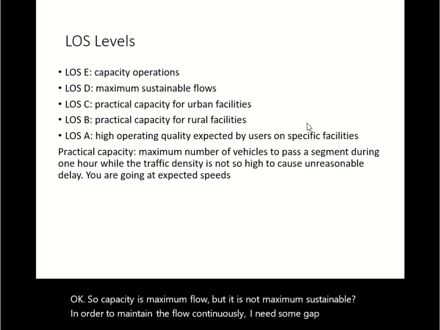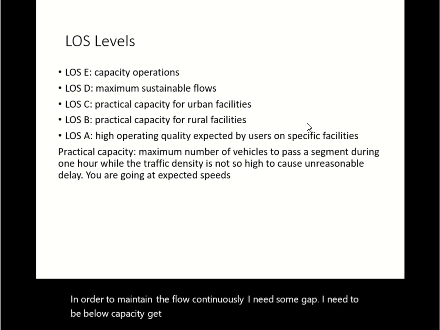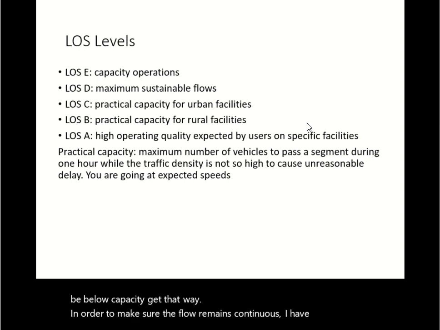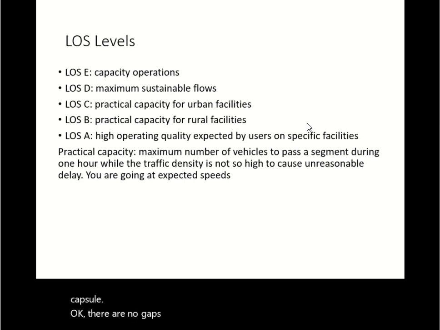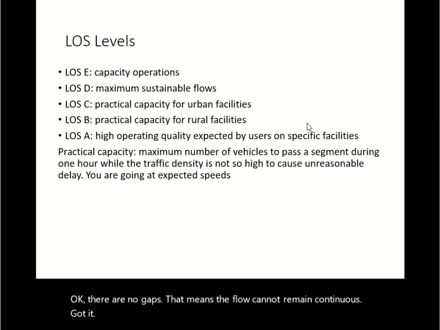I need to be below capacity. If there are no gaps, the flow cannot remain continuous. So capacity is maximum flow, but at that level the flow does not remain sustainable.